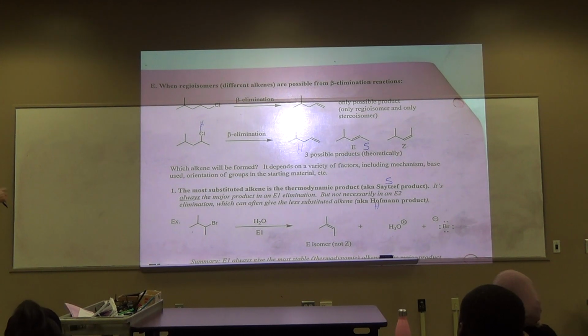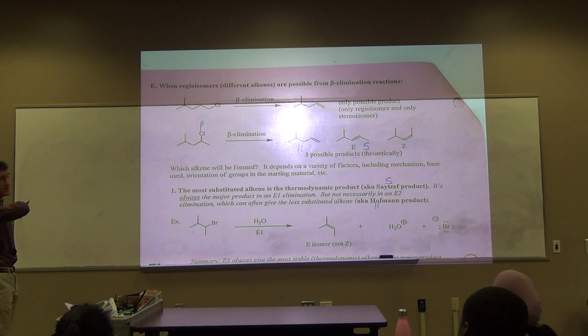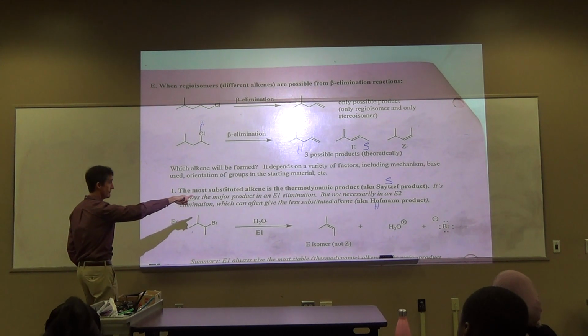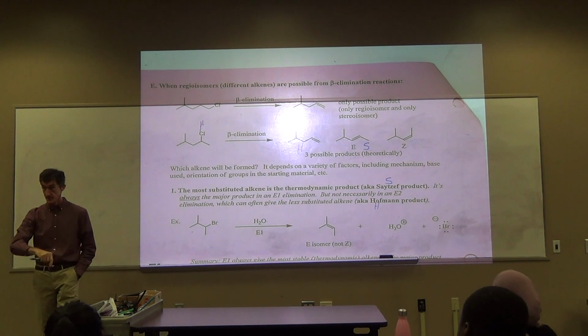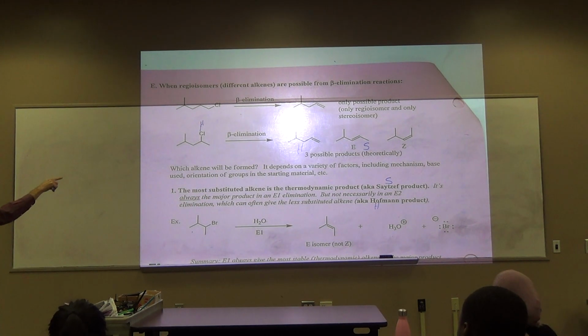I reckon the third one is neither. So if the reaction occurred by an E1 mechanism, which would be the product? If this was an E1, it would be the one labeled as S, the Zaitsev.